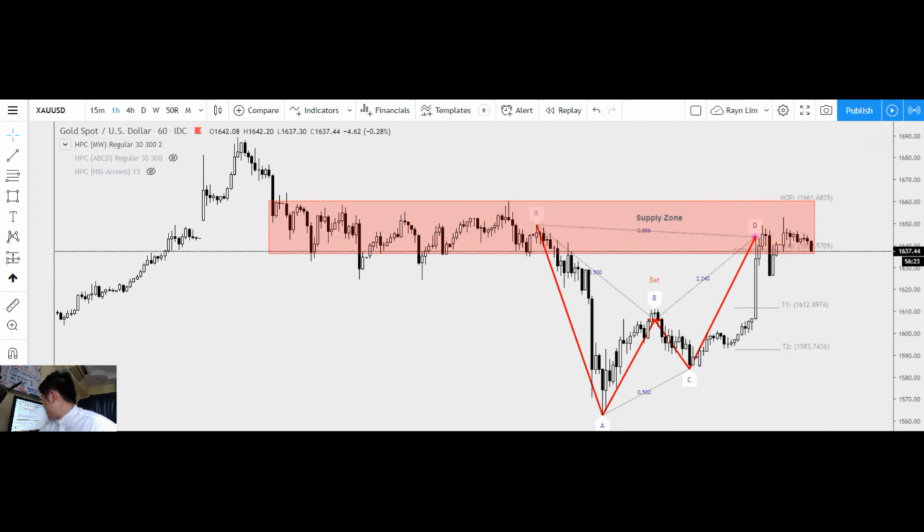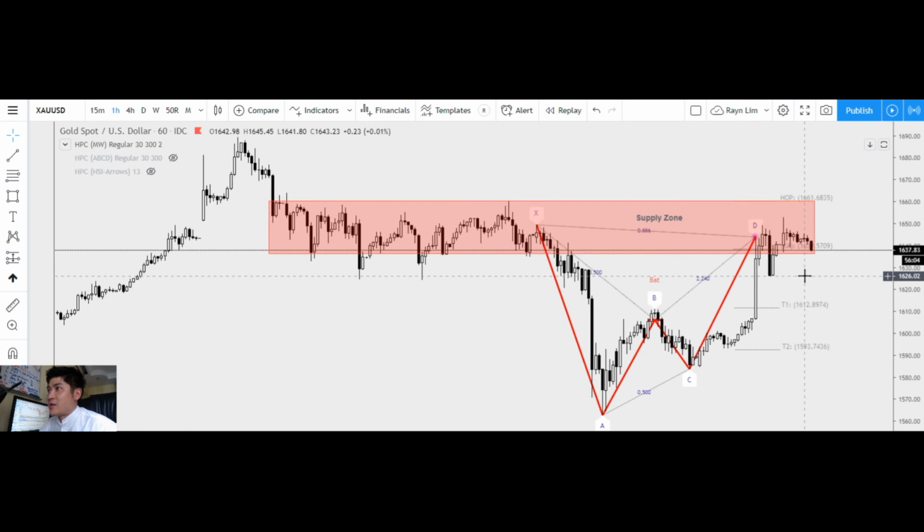Alright, so let me just have a quick peek. Oh, this is good. Alright, so what I actually intend to do is to wait for a break and close below this price.